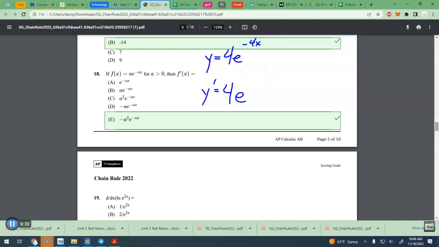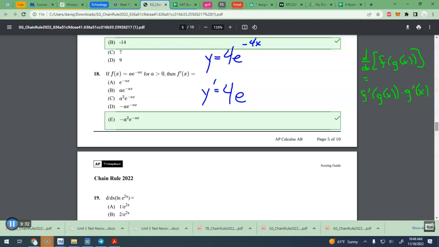Like I've done the derivative of the big guy. So after f prime, what comes next? So the derivative of f of g of x equals f prime of g of x times g prime of x.